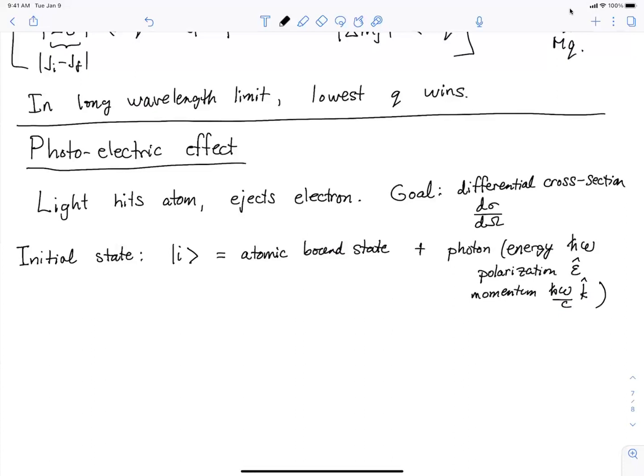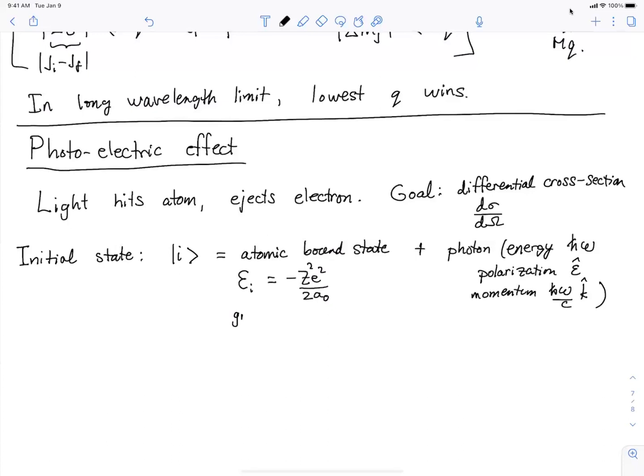Okay, and our atomic bound state, for simplicity, we're just going to deal with the ground state. So this atom sitting in its ground state, minding its own business, gets hit by this marauding photon that comes along. So that means we're going to write it as if it were a hydrogen atom-like state with some atomic number.